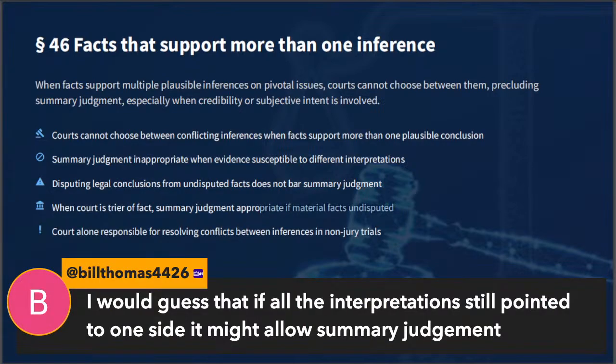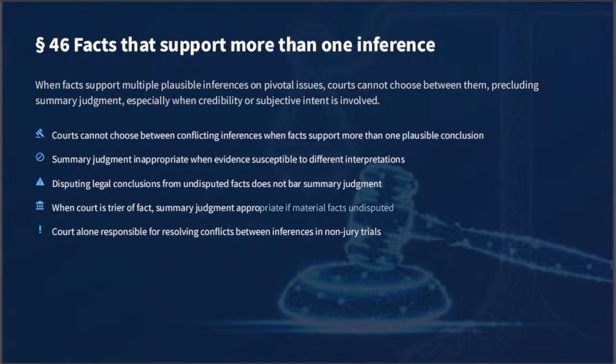Bill Limit 4426 says, I would guess that if all the interpretations still pointed to one side, it might allow summary judgment. Well, it's a matter of the interpretations would be for one side or the other, though. So I guess it'd be a little confusing there.